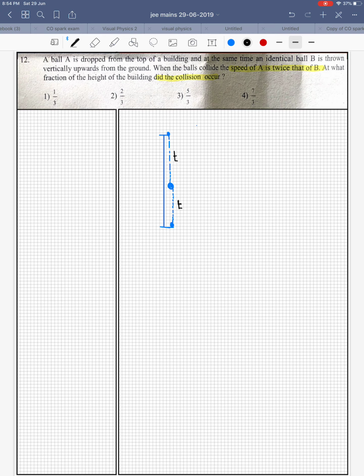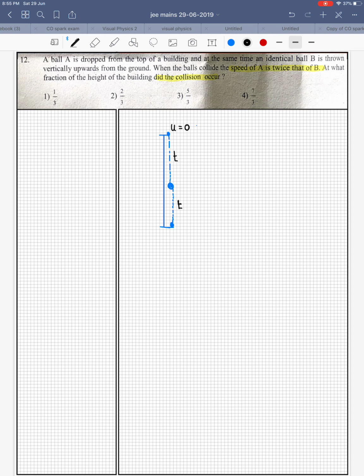They both took the same time to reach the point where they have collided. In a freely falling body, you have a luxury to have u equals 0. Why do I call it a luxury? Because s equals ut plus half at square becomes just s equals half at square.